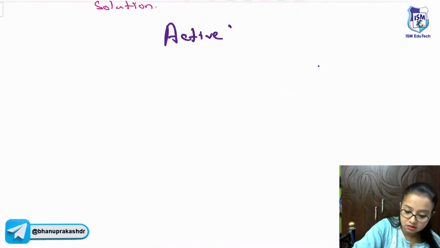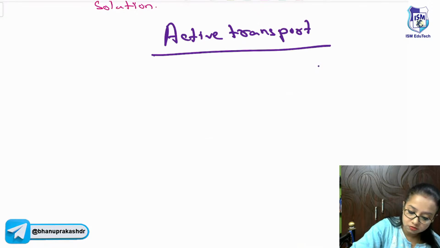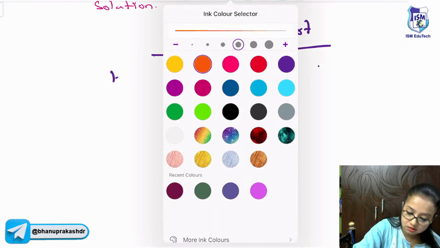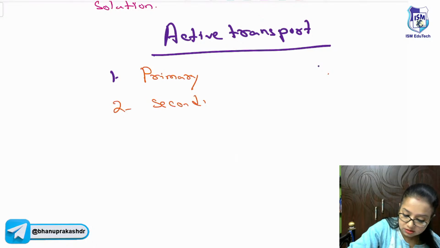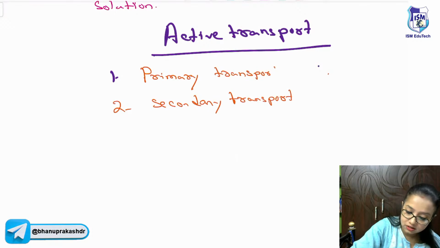Active transport, which is the primary and secondary transport. Okay, primary transport and the secondary transport.